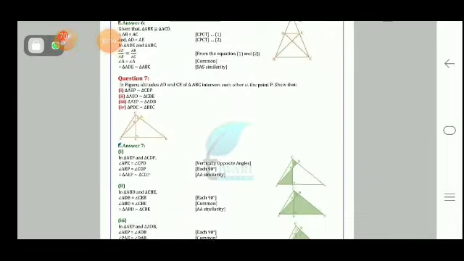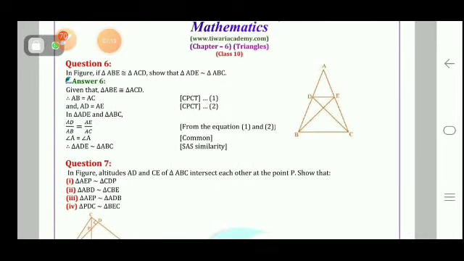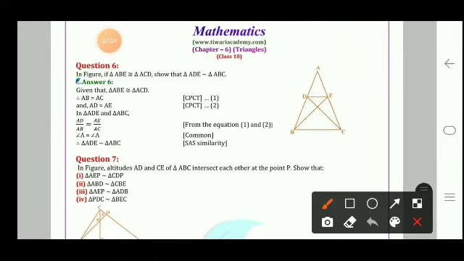In question number 6, we can see in the given figure triangle ABE and triangle ACD, both these triangles are congruent, and we have to show that triangle ADE is similar to triangle ABC.